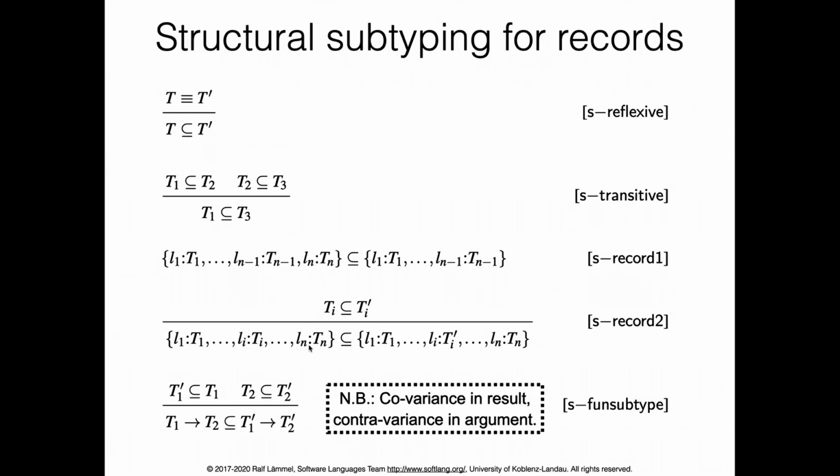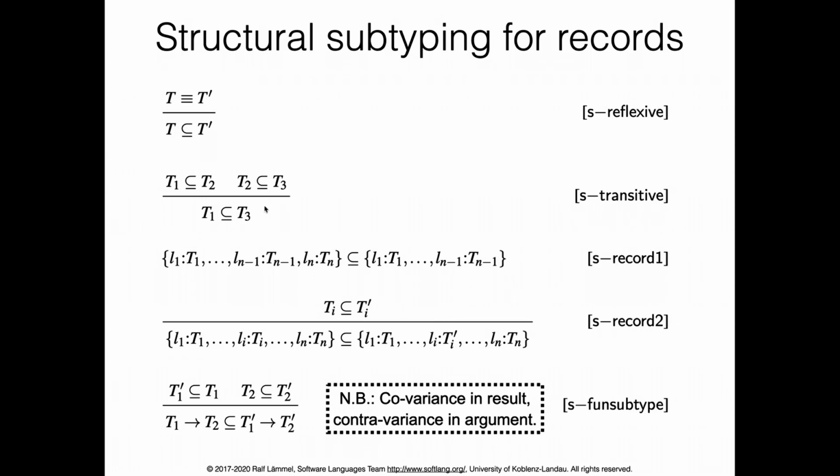Now, we also have something clever here with regard to the component types. This is also what people sometimes call deep subtyping. So we generalize subtyping beyond just adding components. We also say, well, even when they have the same components in terms of the selectors, we can have some components, let's say, for example, Ti, where the subtype component is a subtype of the supertype component.